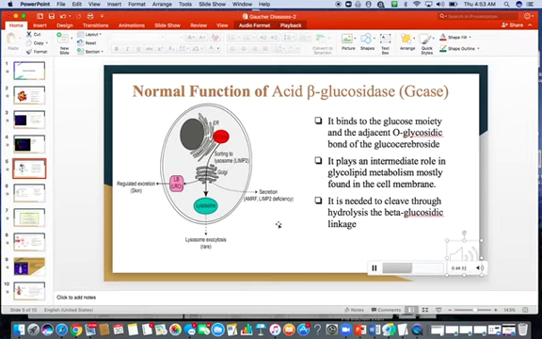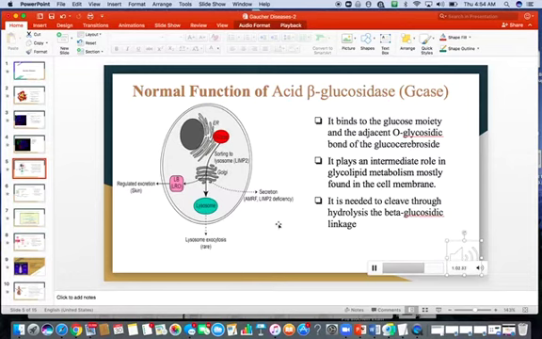And this diagram represents how the acid beta glucosidase works within the lysosome, along the endoplasmic reticulum and the Golgi apparatus.